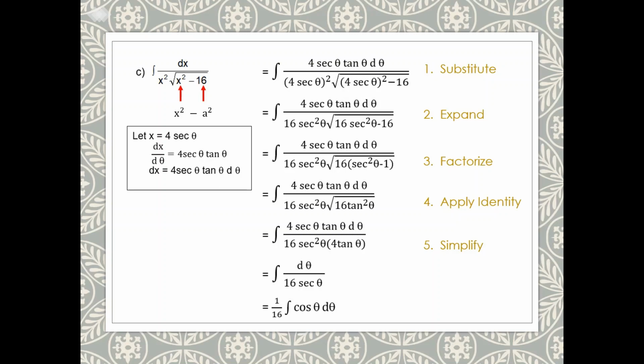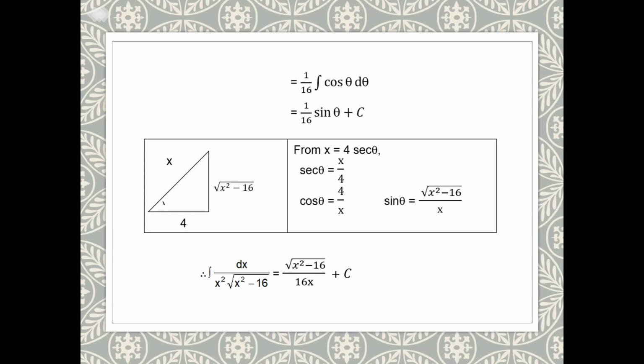Simplify the integral, you should get the integration of 1 over 16 secant theta d theta. 1 over secant is equal to cos theta. Therefore, the integration can be simplified to 1 over 16 integrate cos theta d theta, which is equal to 1 over 16 sin theta plus c.